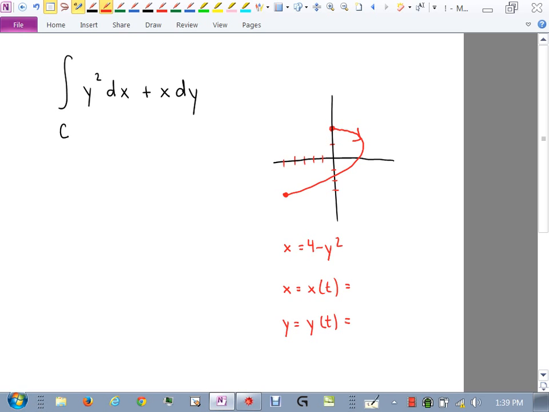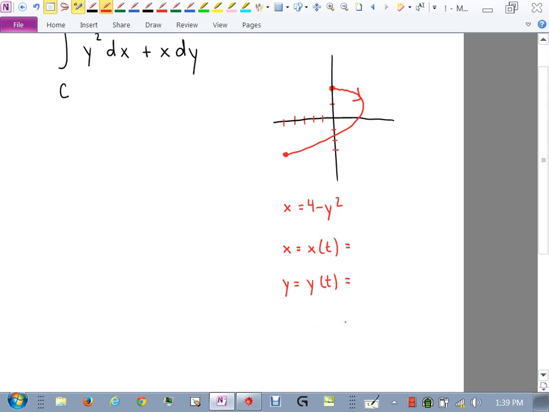So how do I do this? We want to make sure that we're using sine and cosine when we're dealing with circles. It works out great. When we have something like this, not necessarily. y is equal to t. Why?